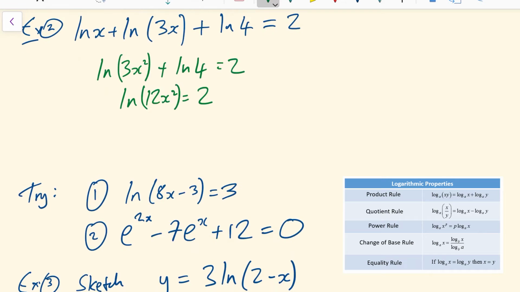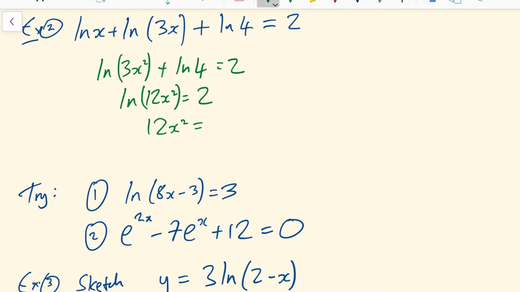Now the opposite of ln is e to the power of, so this turns into e to the power of 2. We can divide by 12 and square root, which will leave us with the square root of e squared over 12. Don't forget the plus or minus.